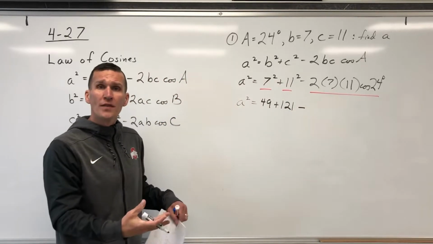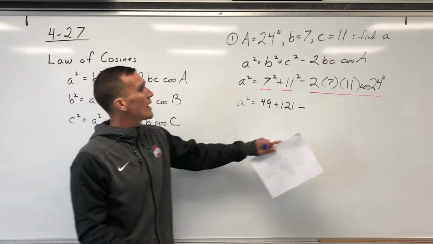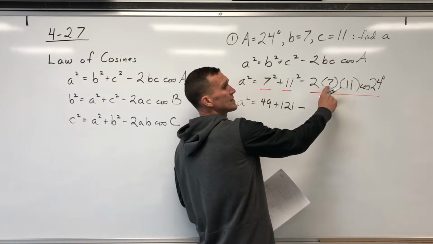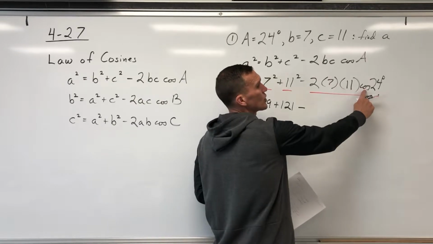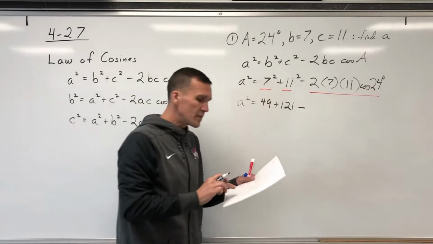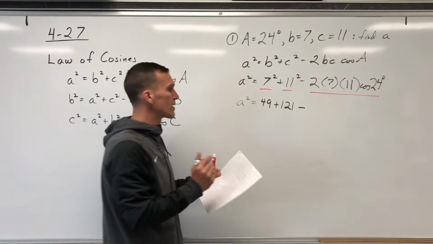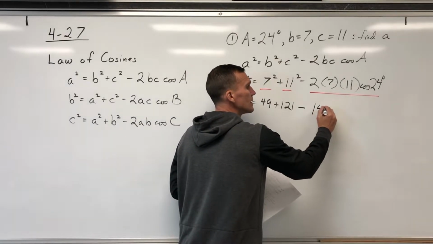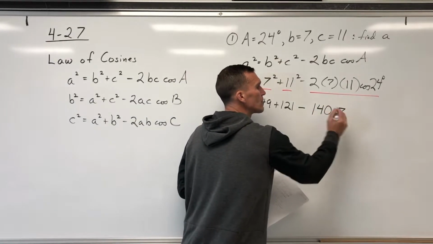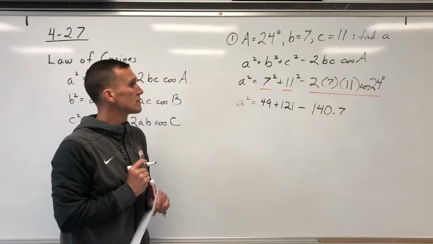I take 2 times 7 times 11 times the cosine of 24 degrees, and when I used my calculator I got a decimal. If you round to 1 decimal place, you'll be fine.